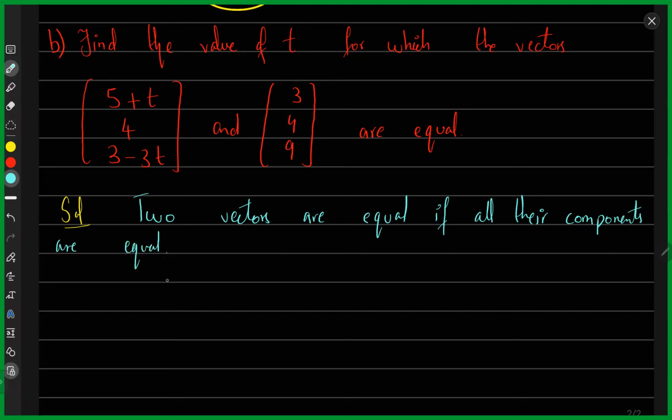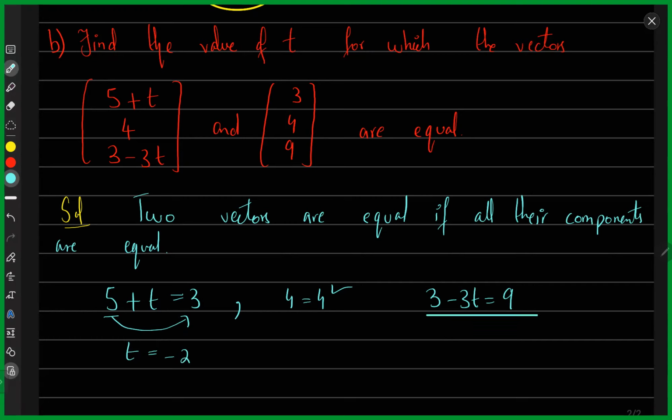Okay, so this implies that 5 plus t is equal to 3, and 4 is certainly equal to 4, and 3 minus 3t is equal to 9. Okay, so I can just take this 5 on the other side, and this would give me t equals minus 2. And if I use the same equation, I would get the same answer again. So t has to be minus 2.